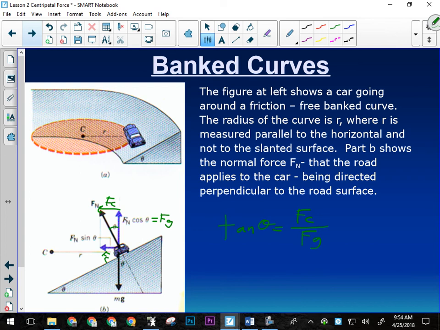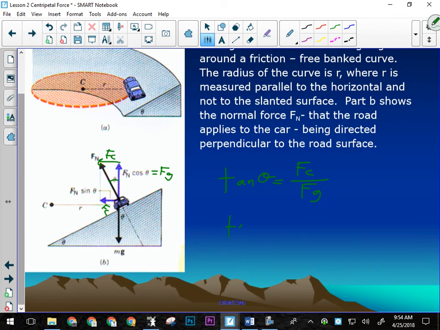How do I calculate these two forces? Well, I can put in their formulas. I can say that the tan of theta equals mv squared over r, divided by mg. This is saying Fc, mv squared over r, divided by gravity, mg.